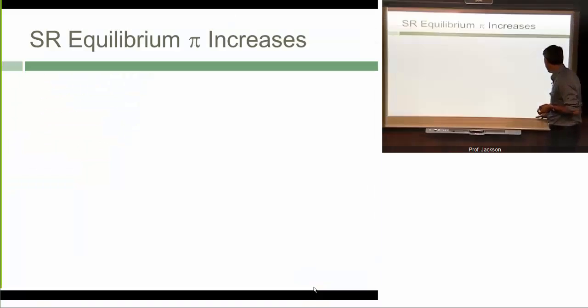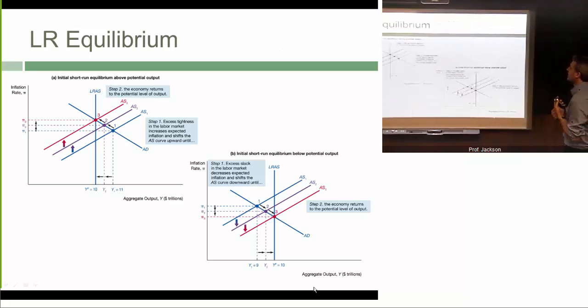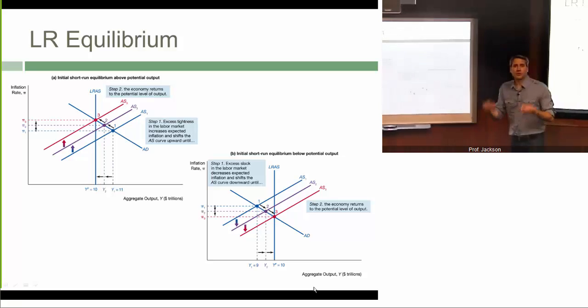If we can get the slide, there we go. The other question is, again, to think about the long run and what affects these factors in the long run. What does the long run equilibrium look like in this generic framework, and what drives our long run equilibrium?